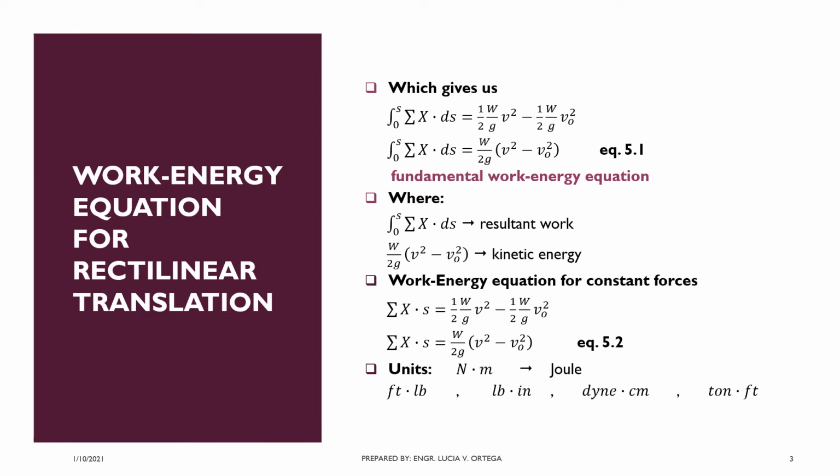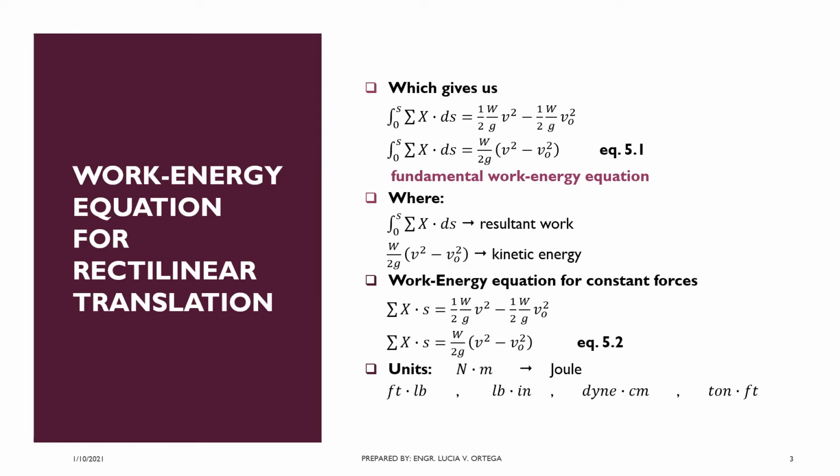So this will give us the equation that the net force acting on the body times the distance is equal to 1/2 W over g v squared minus 1/2 W over g v sub o squared.